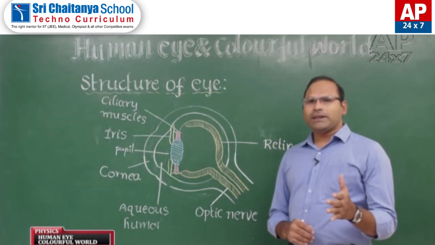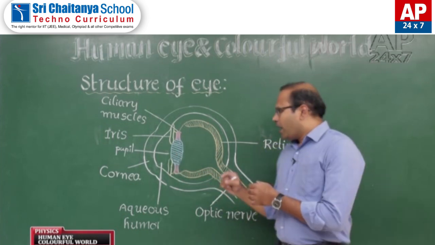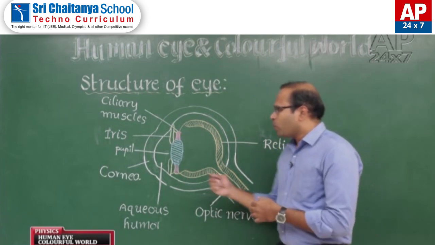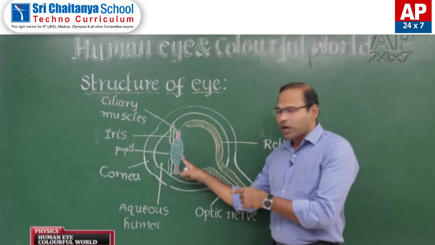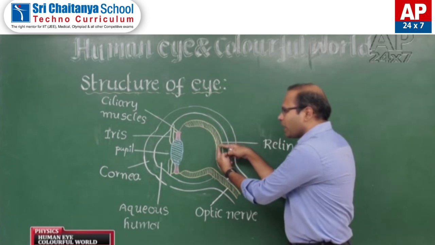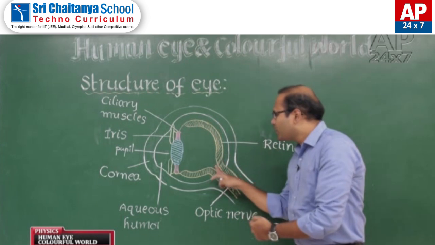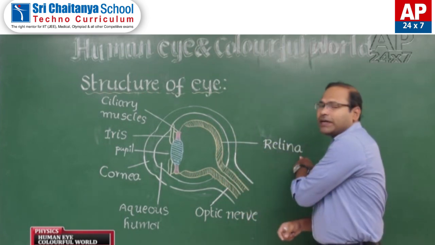Now, let us see the next part, that is the eye lens. The eye lens is convex in nature, and whatever light comes and hits the eye lens will refract and meet here on the retina. The rear portion will be covered by a very sensitive membrane, we call it the retina.